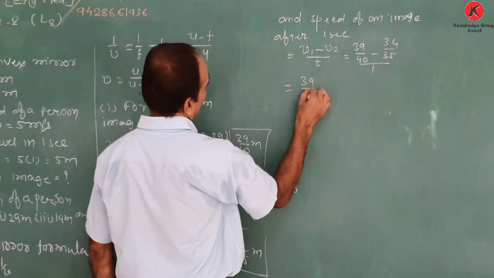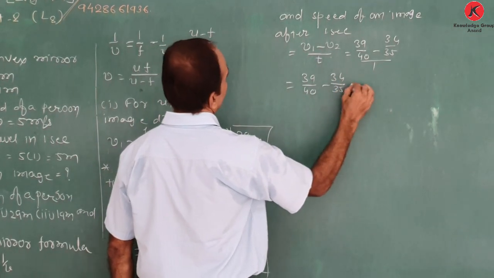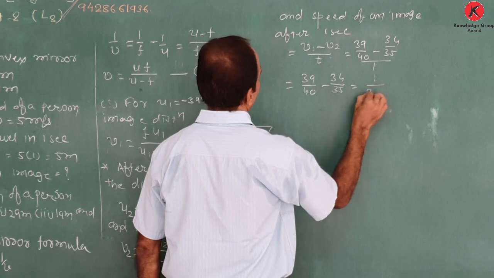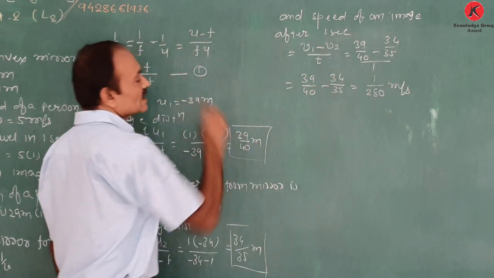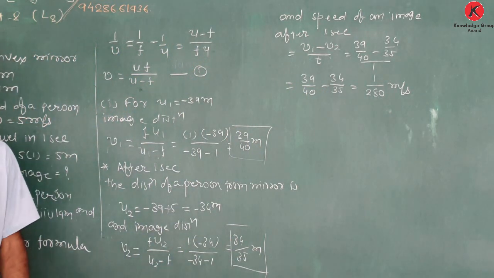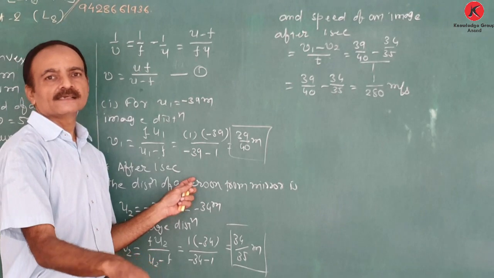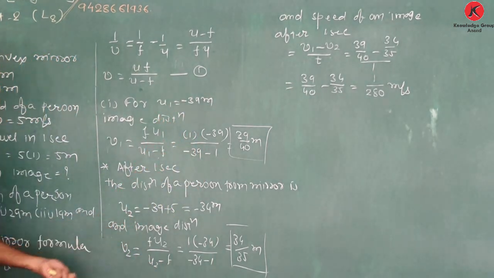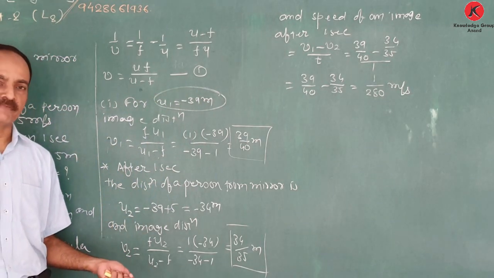Therefore, 39 upon 40 minus 34 upon 35 is equal to 1.280 meter per second. That is the speed of the image. Clear? It is quite lengthy, and this is only the answer for the initial position u1 equal to 39 meter.